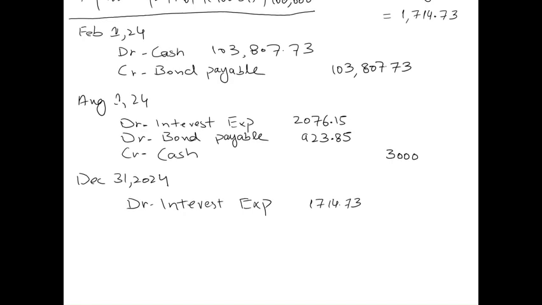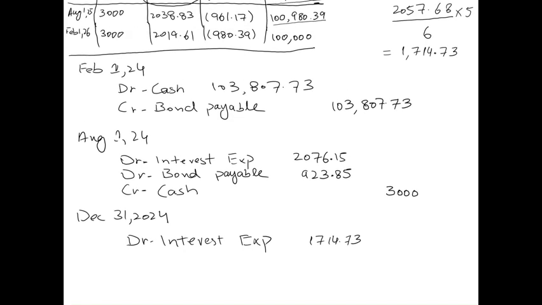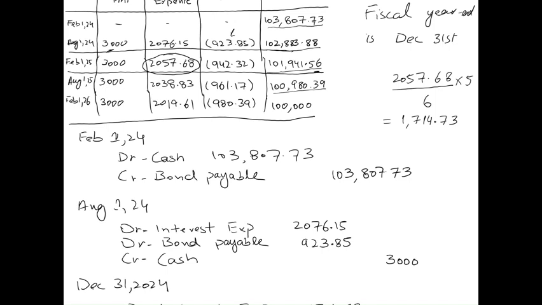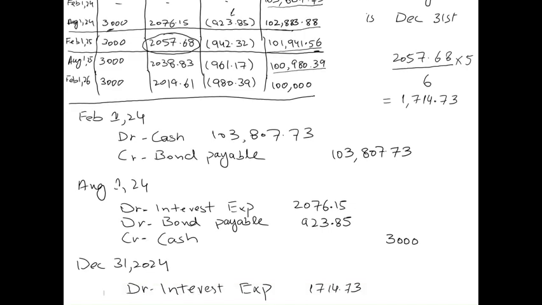Then, because at this point, at December 31st, we are not paying any cash, we will make the payment on February 1st, 2025. We need to accrue the interest payable. We have accrued the interest expense. We need to now record the corresponding liability for that interest that is to be paid on February 1st.